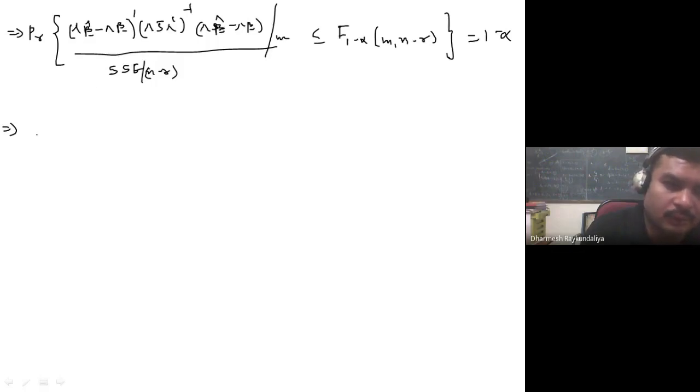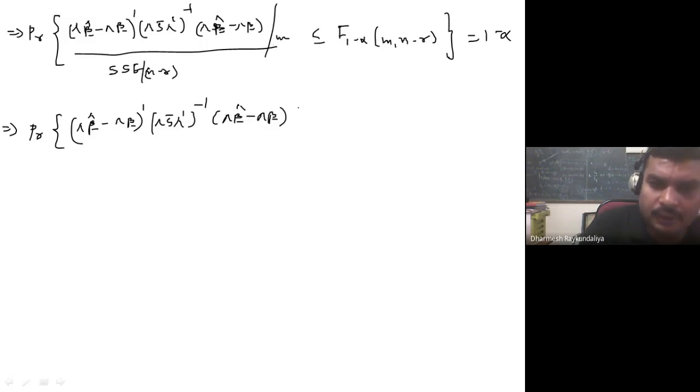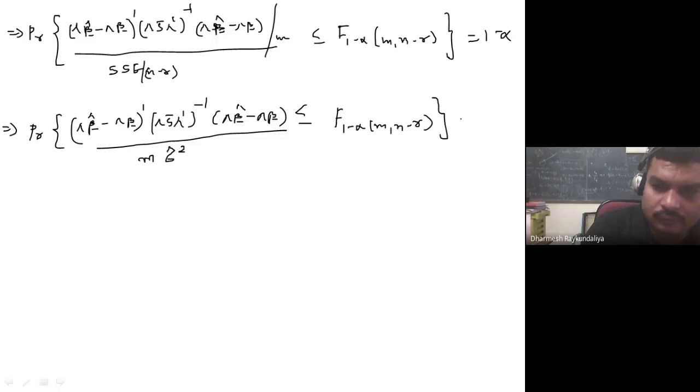It is SSE upon N minus R. So can I write this as the probability lambda beta cap minus lambda beta transpose, lambda S bar lambda dash inverse, lambda beta cap minus lambda beta, and this M I take below, so can I write this, and this I call sigma square cap, F 1 minus alpha, M, N minus R, 1 minus alpha.